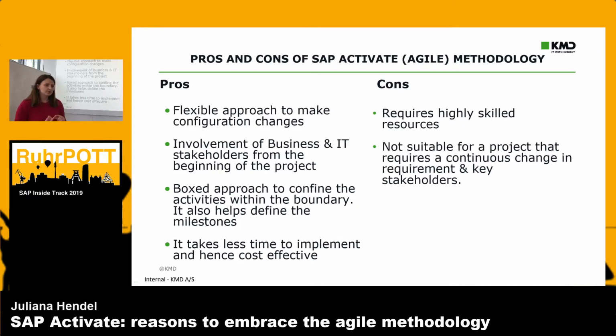This is something you don't get with other agile methodologies. You get it normally with waterfall. So Activate considers risk management greatly and has enough documentation to provide a complete overview of your project. So that, in a sense, is what you get from the best of both worlds.